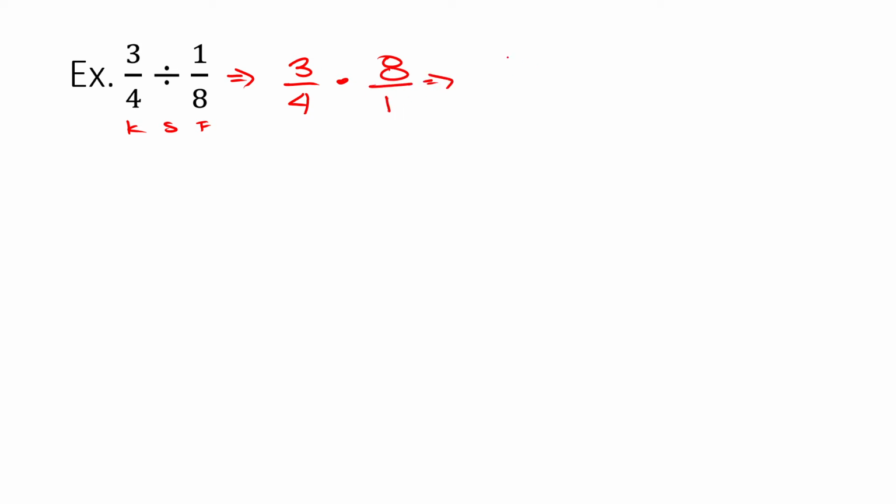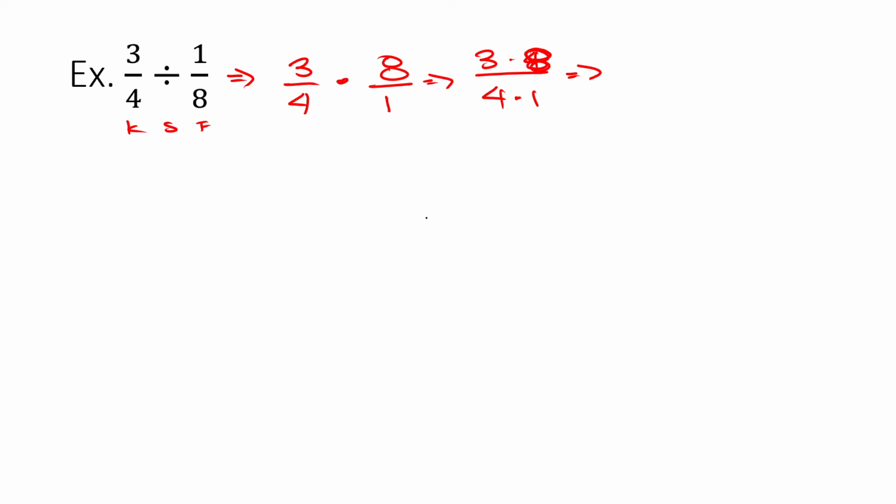Now, we simply multiply 3 times 8 over 4 times 1. So here, I'll try option 3 instead, and find numbers that I can divide. Here, you can divide 8 and 4 with the same number, in this case 4, not 2.